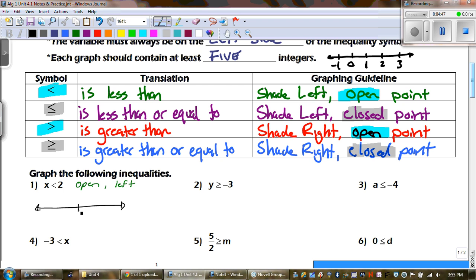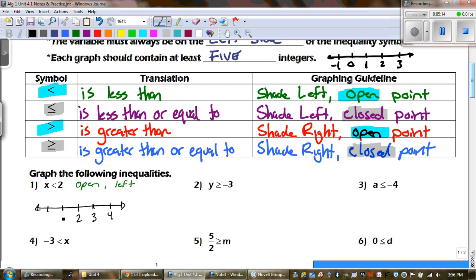And 2 is where we start. Okay? And I have to go 2 numbers to the right and 2 numbers to the left. So it's like we keep counting. 2 plus 1 is 3. 3 plus 1 is 4. Okay, see how we're just continuing the pattern? And if we go to the left, we subtract 1.